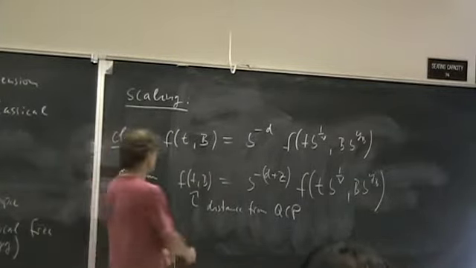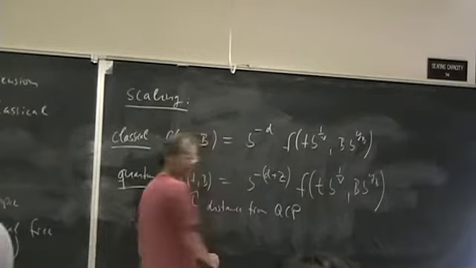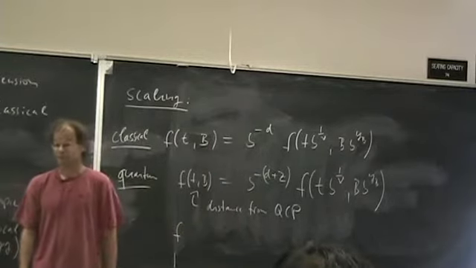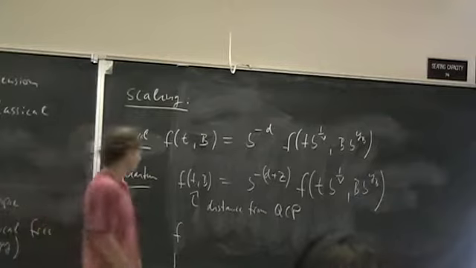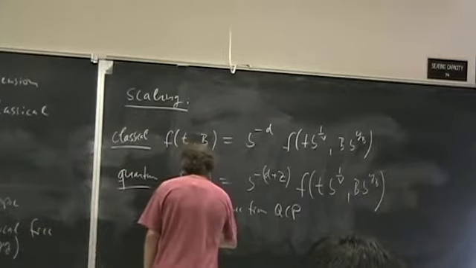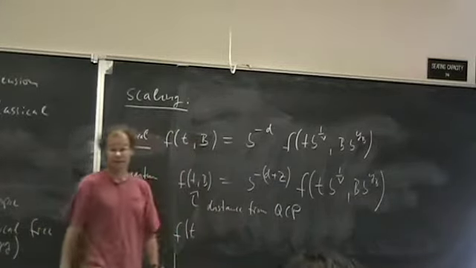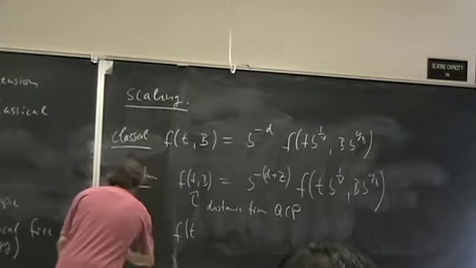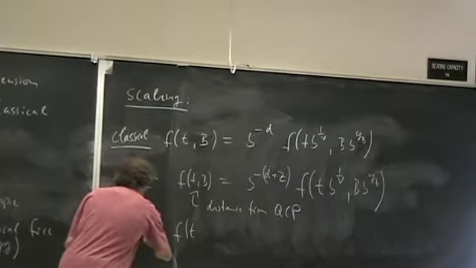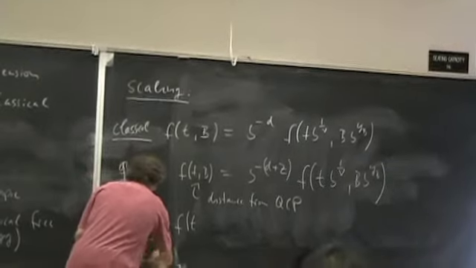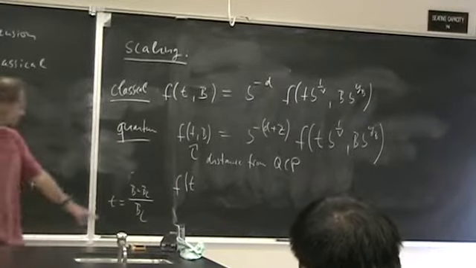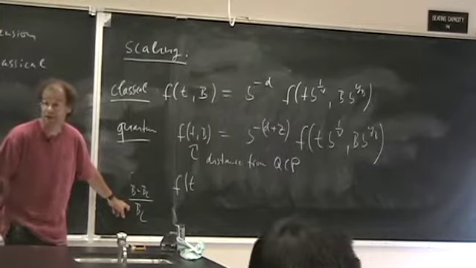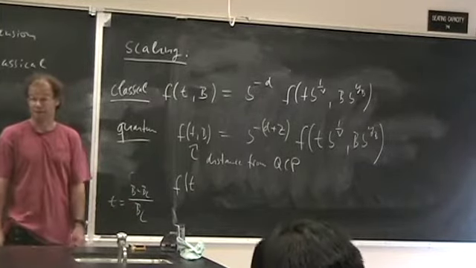I now want to look at the free energy, for instance, of our lithium holmium system as a function of the distance from criticality, which in our toy model would be b minus b_c over b_c. It's measured along the quantum direction, not along the temperature direction.